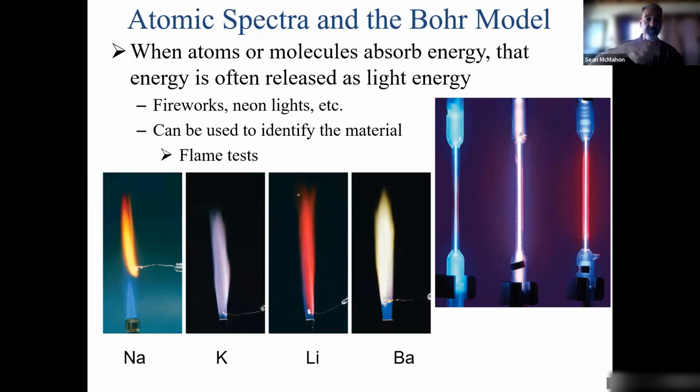You can burn different elements, and based on their electronic structure around the nucleus and where the electrons are located in that atom, when you burn it, it excites. And because the electrons are at different distances when getting excited and dropping down, they release different colors. It's a way to identify elements. It's actually really fun. It's a really common lab.